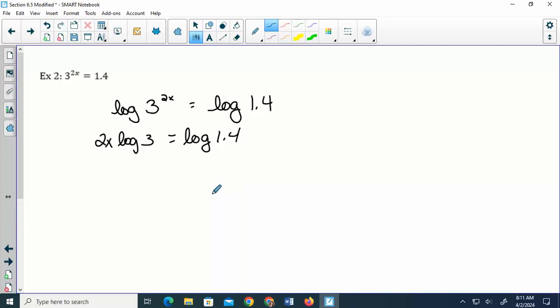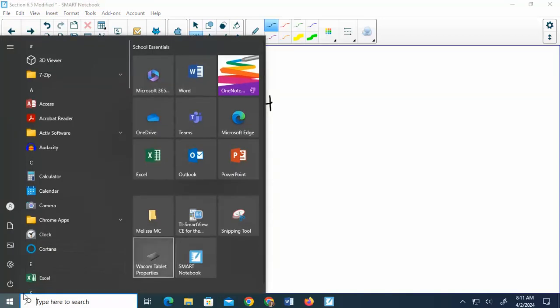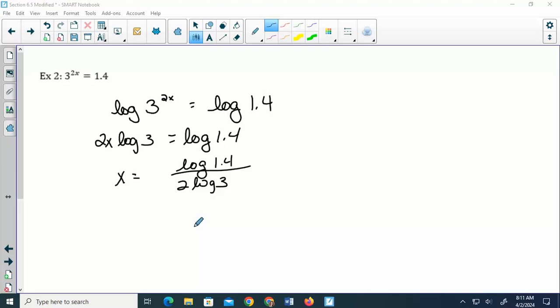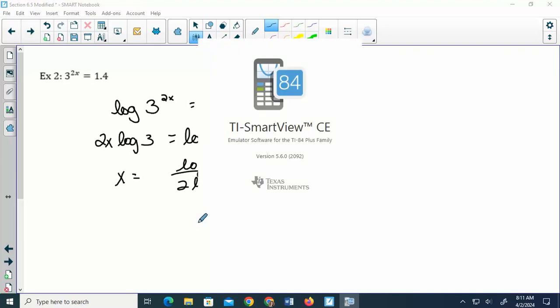Now what? Divide the log. We need to divide by the log 3 and the 2. So it's all multiplied with the x, so we're just going to divide it over everything we don't want. Right, this is where I see some problems usually trying to plug this into your calculator. It can get a little tricky with all the parentheses.